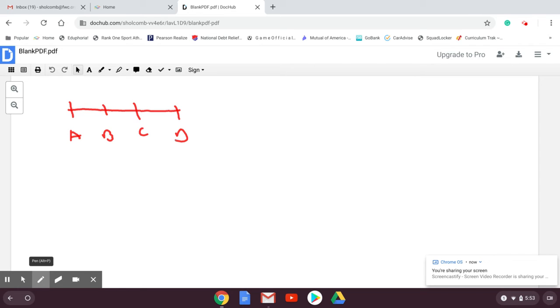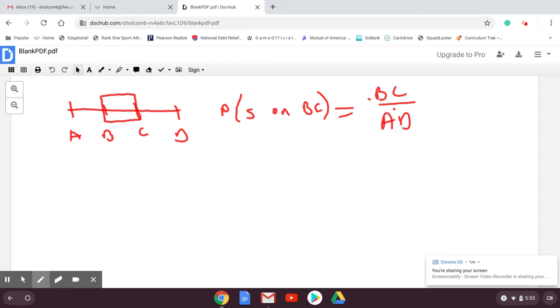And if you were asked, okay, what's the probability of anything occurring between B and C there on the overall line segment AD? Well, the way you would write it is the probability that S is on BC, and then you express it as a ratio of BC over the overall AD, and those could be put into numbers based upon the distances of those two lengths.